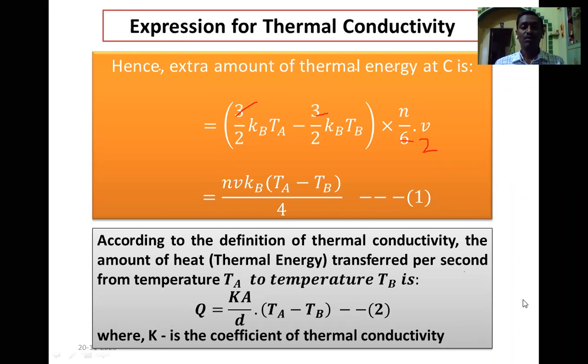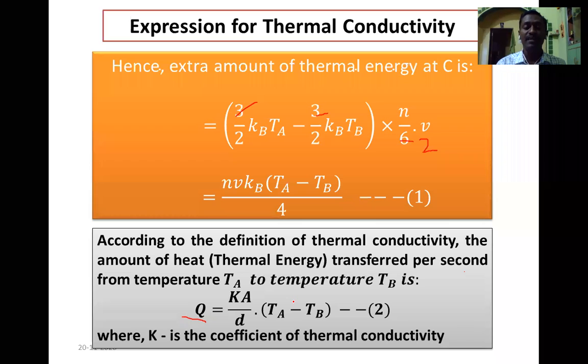The thermal conductivity means the amount of thermal energy transferred in 1 second from higher temperature to lower temperature, that is denoted by capital Q. This amount of thermal energy transferred from one temperature to the lower temperature per second is always proportional to the area of cross section of that conductor. It is inversely proportional to the length of the conductor. Here d is mentioned, d or L, we can write anything. It is also proportional to the temperature difference between the two ends, that is Ta minus Tb.